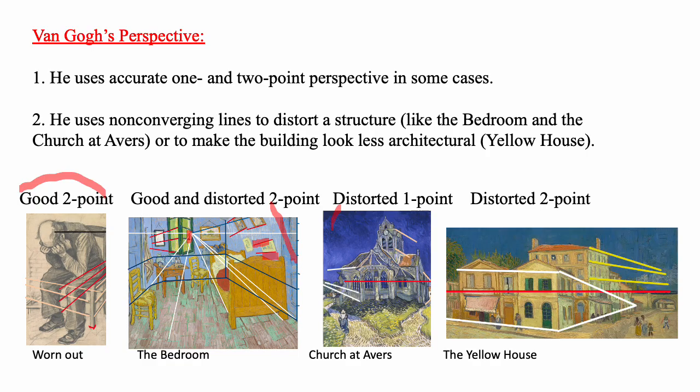He also distorts one-point perspective here to make this building look rickety. He distorts two-point perspective here, but it doesn't look distorted. I think he does this to make the buildings look less architectural.